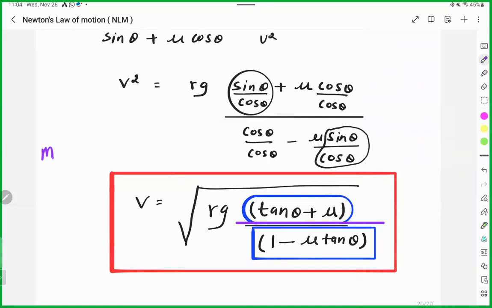This is the maximum safe velocity. Like, what should be the maximum speed of the vehicle so that it is safe, so it is not sliding away. It is under root Rg times tan theta plus mu over 1 minus mu tan theta.